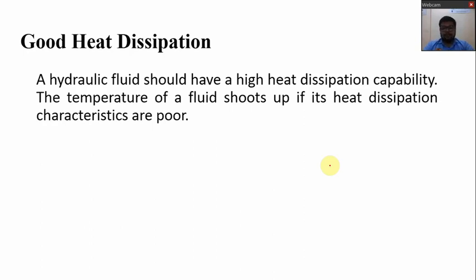Then it can increase the rate of oxidation, which will cause rapid deterioration of the material. Then it can reduce the viscosity of the fluid, which will result in leakage.